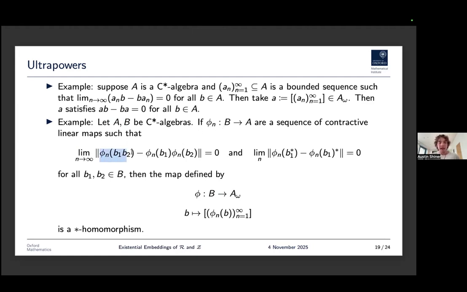So formally, phi_n of b1 b2 minus phi_n of b1 times phi_n of b2 goes to 0 in norm, and the limit as n goes to infinity of phi_n of b1 star minus phi_n of b1 star is equal to 0. Then we can define an honest to God star homomorphism from B into the norm ultra power given by b gets sent to the sequence phi_n of b, take the equivalence class. Okay.